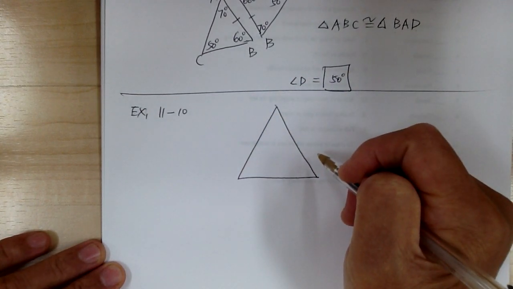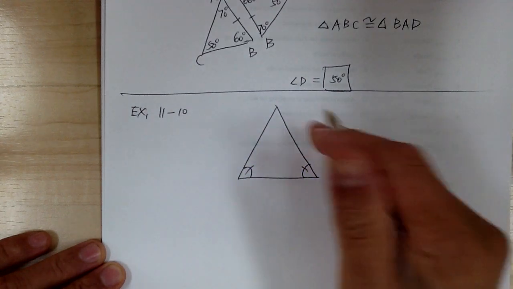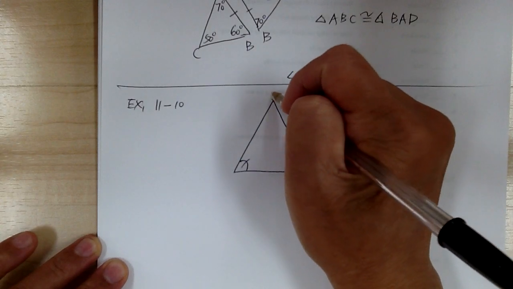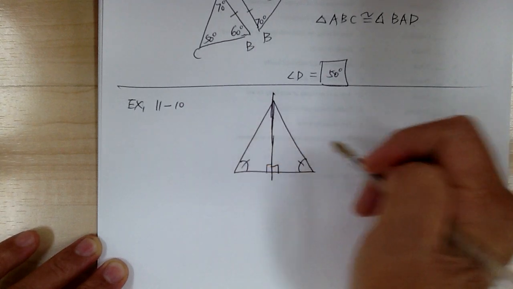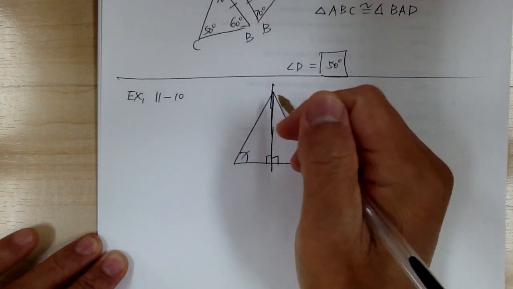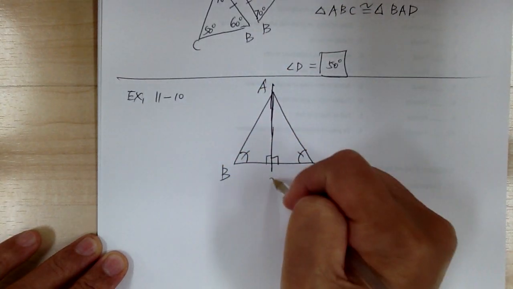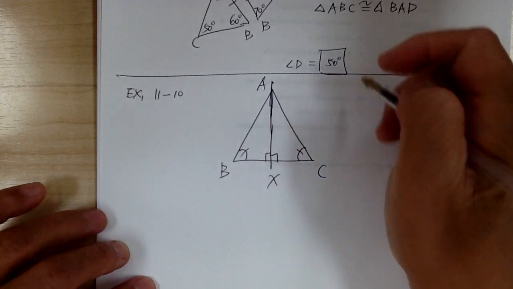So the way you're going to do that is you draw down a perpendizular line over here. They label A, B, C, X. So you draw AX, which is perpendicular.